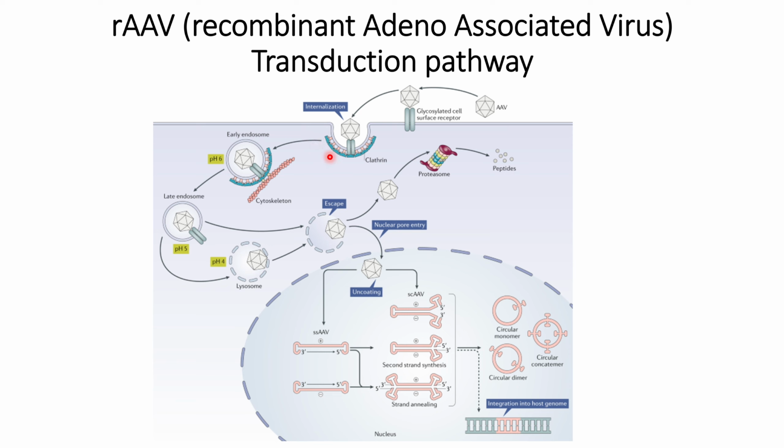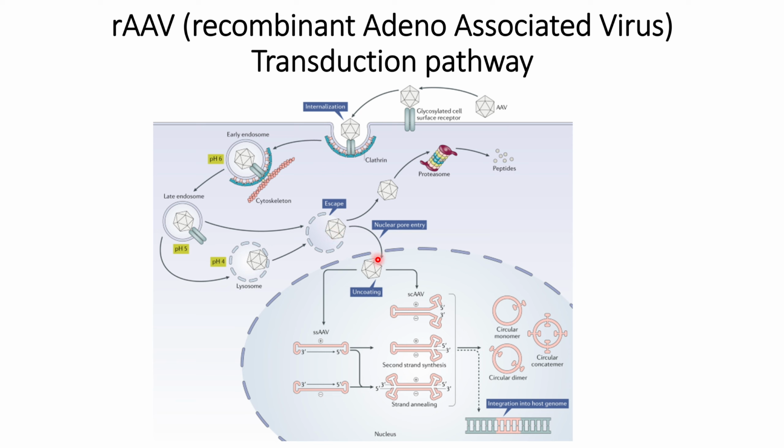and thereby it goes into the early endosome where, because of the reduction in the pH, a conformational change occurs that leads to the escape of this adeno-associated virus.